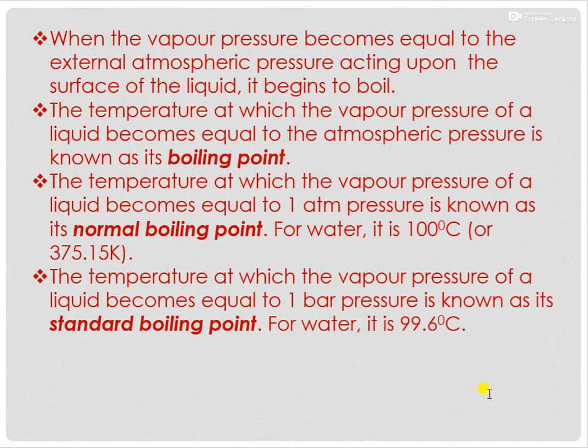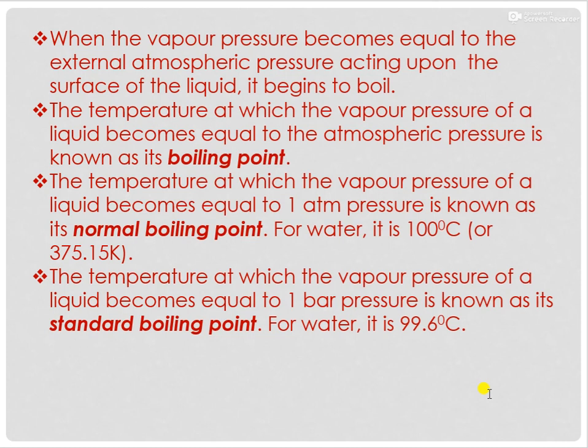We have to be familiar with the terms boiling point, normal boiling point and standard boiling point. A liquid begins to boil when the vapor pressure becomes equal to the external atmospheric pressure acting upon the surface of the liquid.